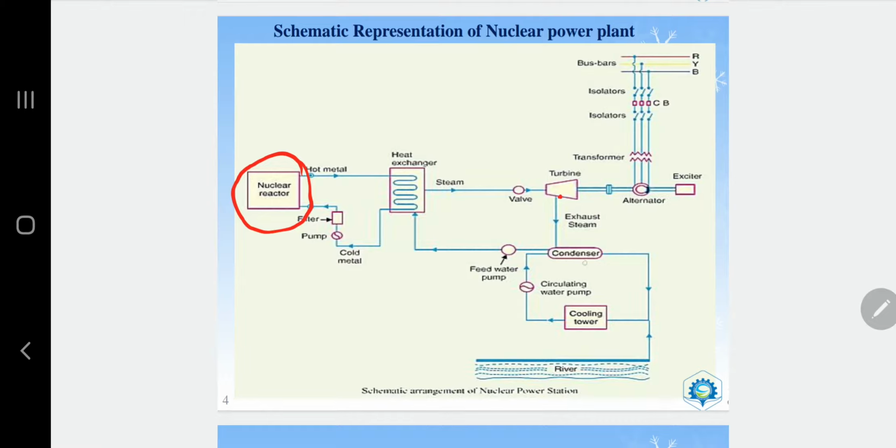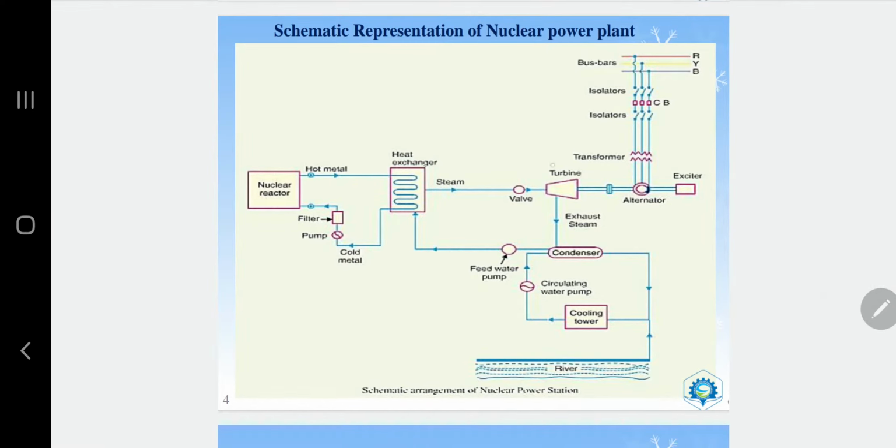Then the alternator and an exciter for giving the necessary magnetic field. Here you can see the bus bars and the related electrical connections. Now here you can see a condenser and a cooling tower. So these are the different parts in the schematic diagram of a nuclear power plant.